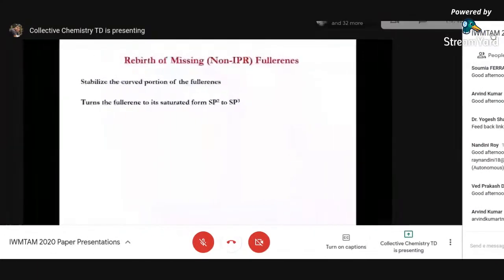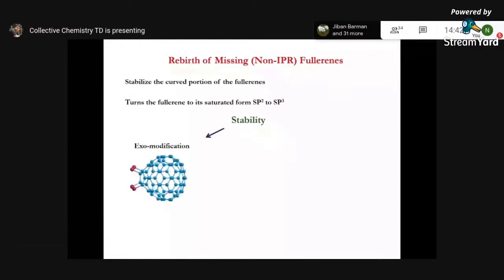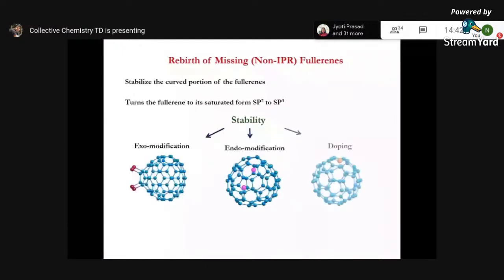Now, further stability. This is the review of missing non-IPR fullerenes. Here, by exo modification and endo modification as well as doping, we can stabilize the non-IPR fullerenes. The exo modification means we have bonded some complex with the carbons.